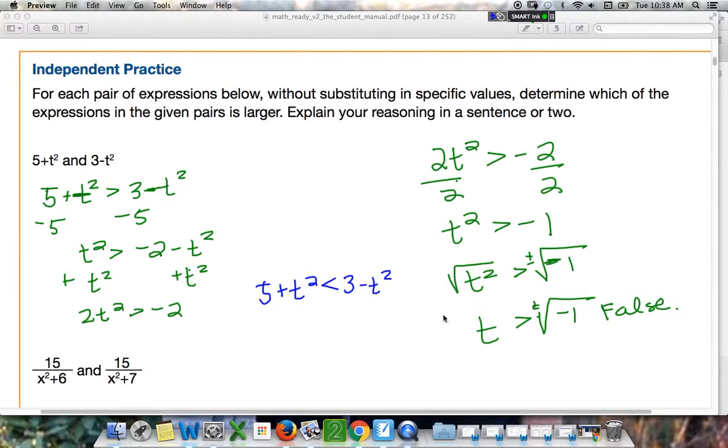What would happen? All these steps would essentially be the same, except when I get down to here, I would have t squared is less than negative 1. Is that going to change anything? No, because I still can't take the square root, so this is false.